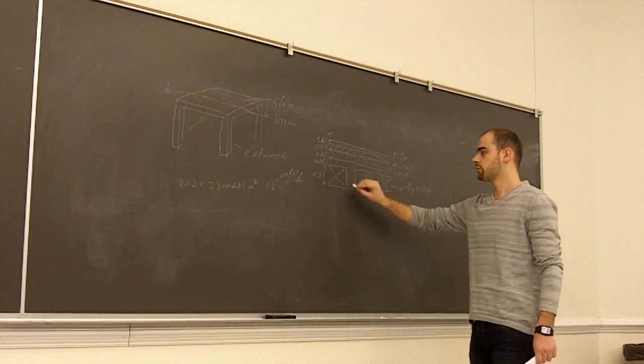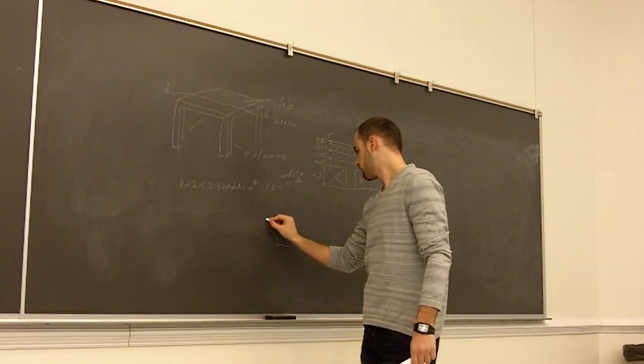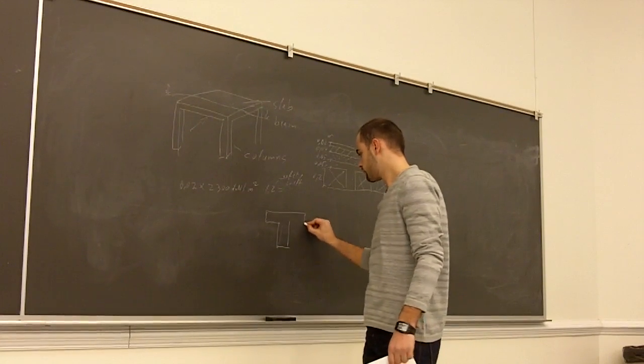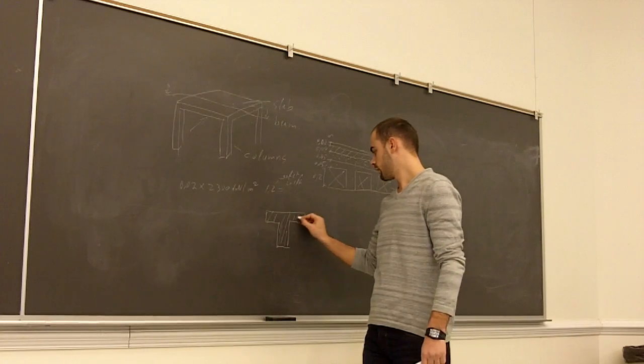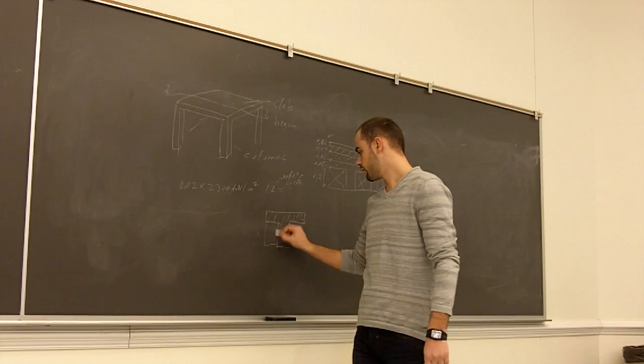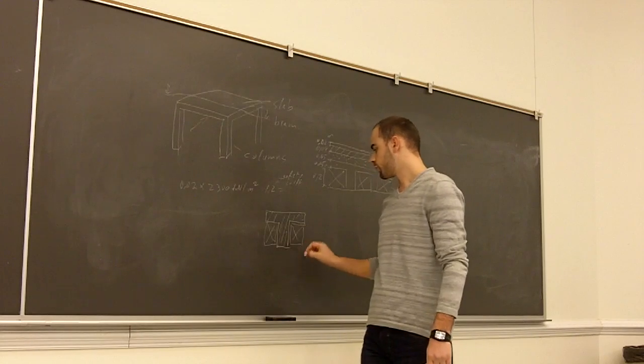To calculate the slab, we have T sections. All this is concrete. These two sections in here are bricks or polyester.